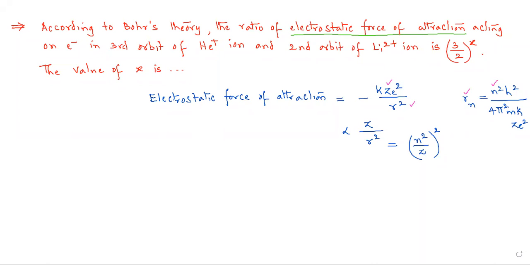Rn is proportional to n square by z, but because there is a square, I've written square. Now just is z e square. Now keep z as it is, and how about this? This is n power 4 by z to the power 2. So this can be written as directly proportional to, when this goes into numerator, z cube by n to the power 4.